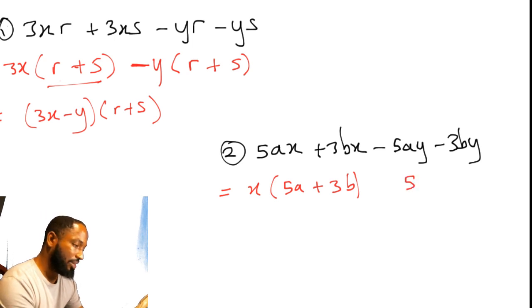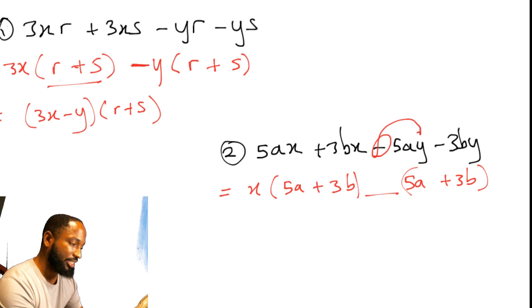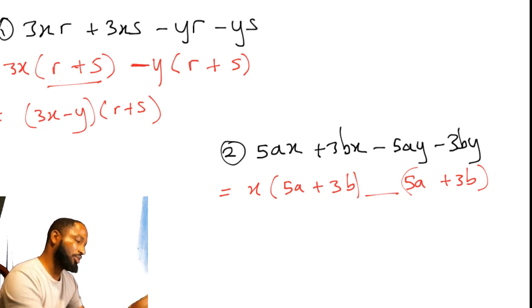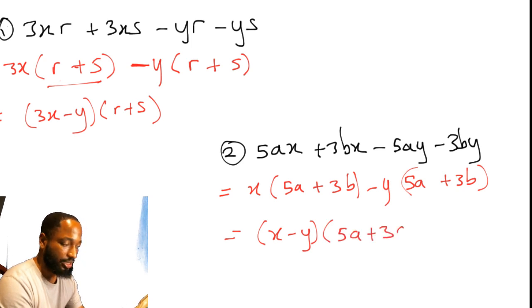And I have to put 5a plus 3b back here, and then figure out what to put here. From what I see, the only thing that I'm missing is the negative and the y. So I'm going to put negative y there, negative y here. Now join it up. X and negative y, and take one of the brackets, 3b.